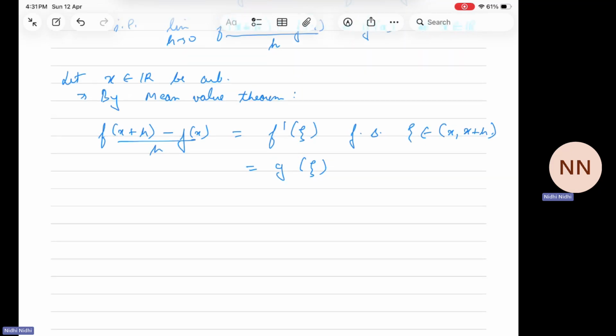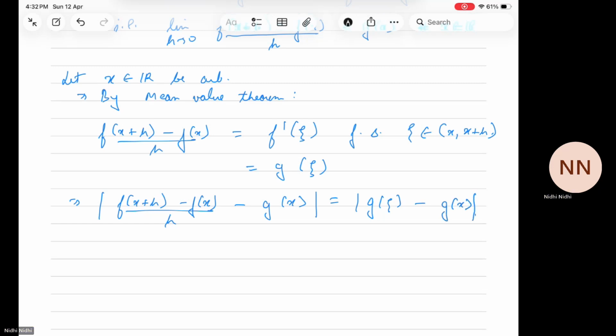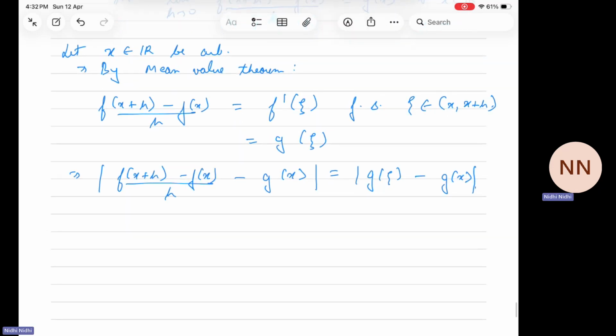That means mod f x plus h minus f x upon h minus g x is equal to mod g xi minus g x, which will be less than epsilon whenever mod h is less than delta.